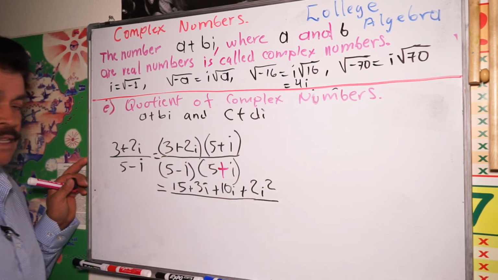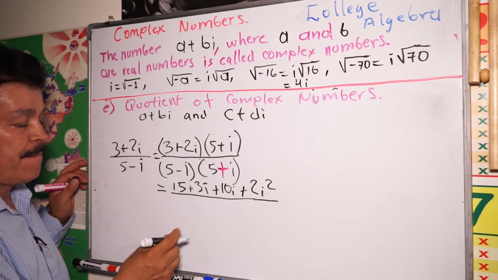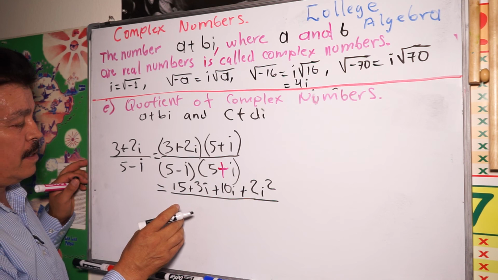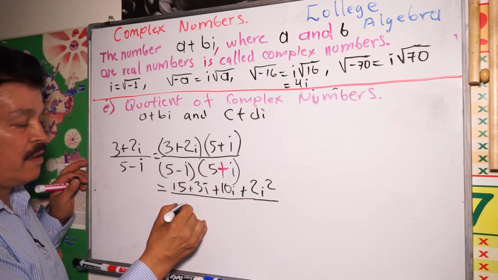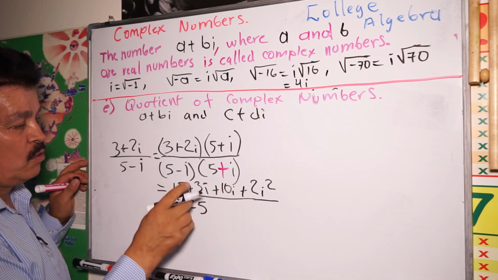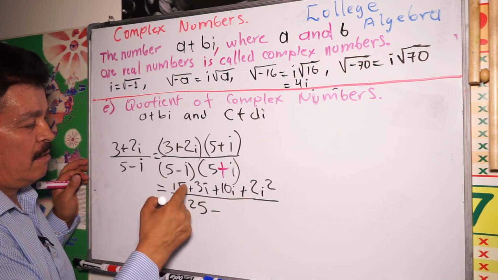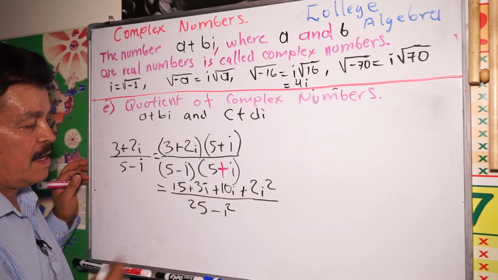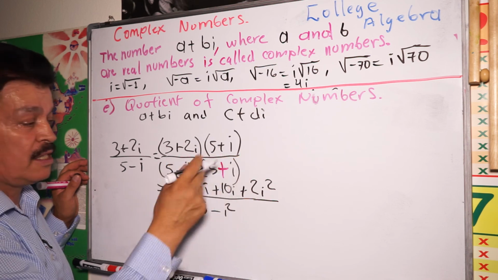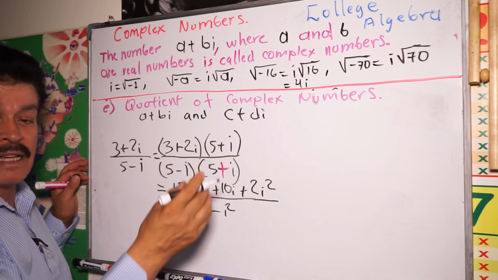In the bottom, you just multiply like this, the same thing. It's going to be 25 minus i squared, because the negative and positive just cancel. I'm skipping some steps.